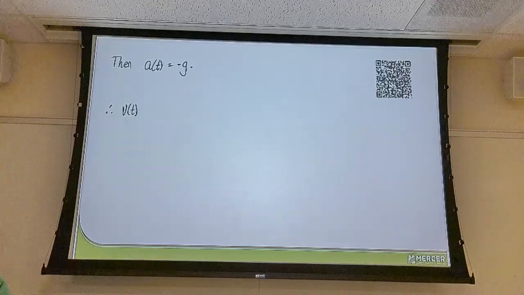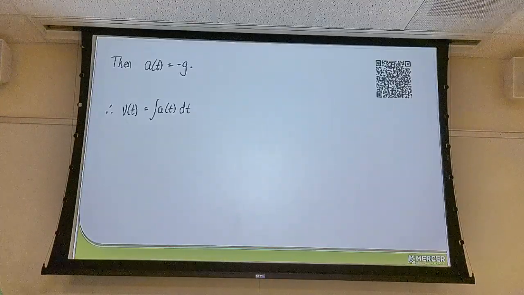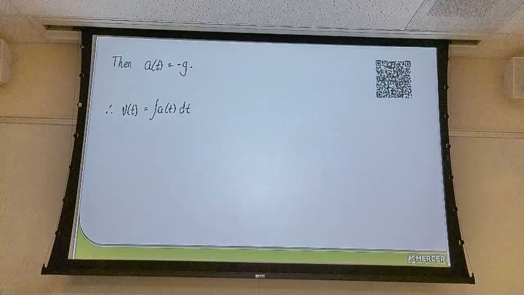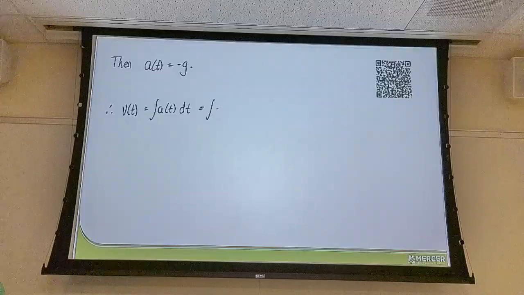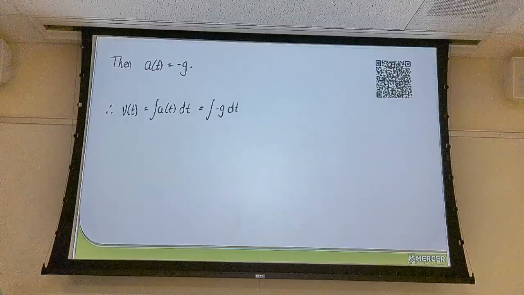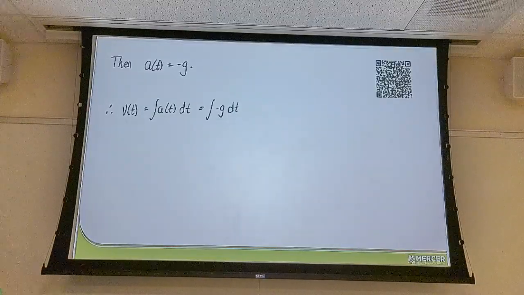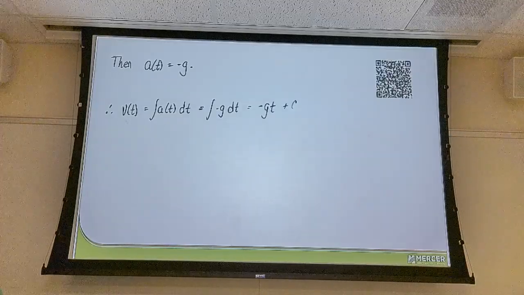Well, its velocity. Isn't that just the antiderivative of acceleration? Right? Because acceleration is the rate of change of velocity. But what do we say acceleration is? Just -g. What is that antiderivative? -gt plus c. It's called C1.